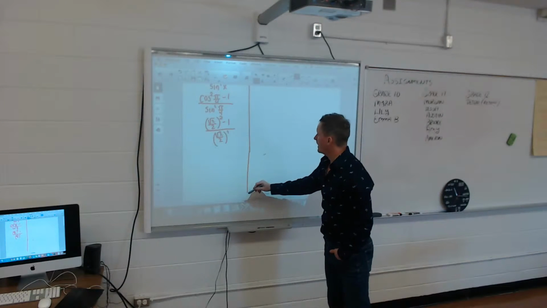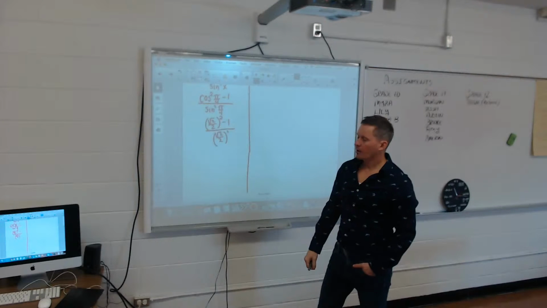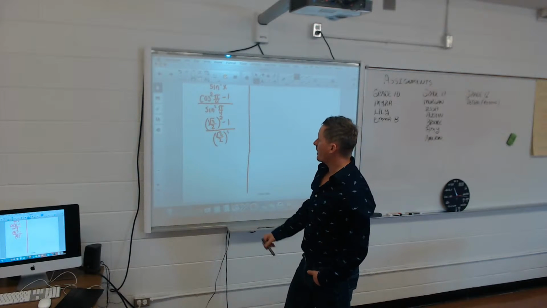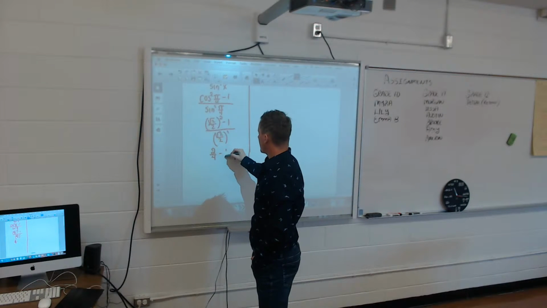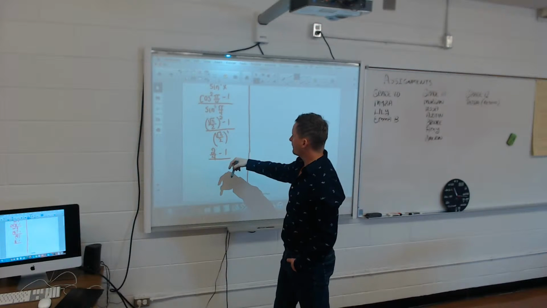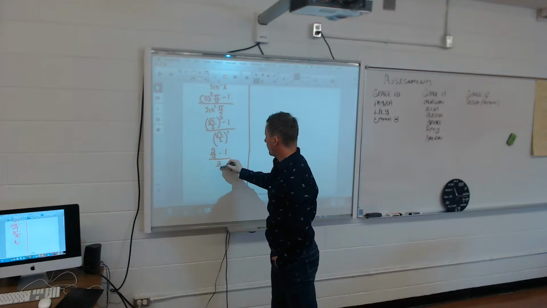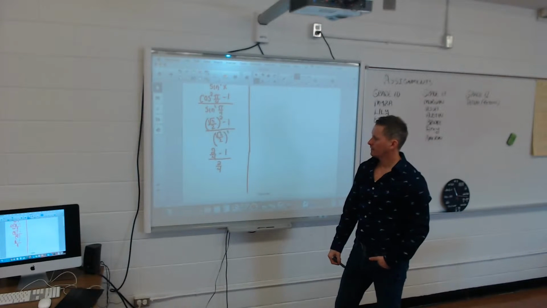Just going to extend the page here. Okay? On top, root 2 over 2 squared is 2 over 4, subtract 1. And on the bottom, I have root 2 over 2 squared, which is 2 over 4. Okay?